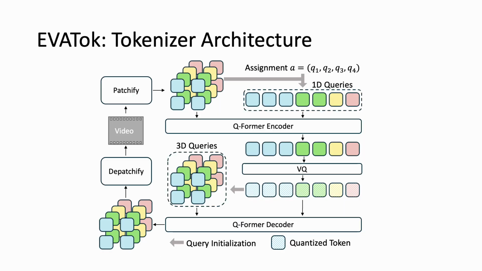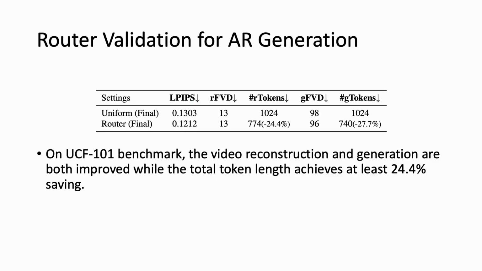As for the architecture of our adaptive length tokenizer, it is a Q-former-based tokenizer given a specific token assignment. The 1D causal queries will be initialized accordingly, and all the attention masks are temporally causal, therefore it can handle variable length assignments.